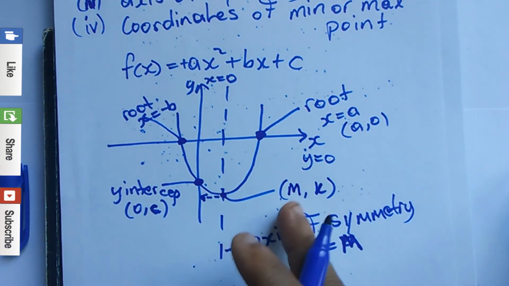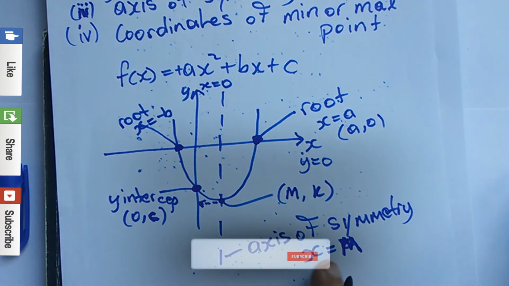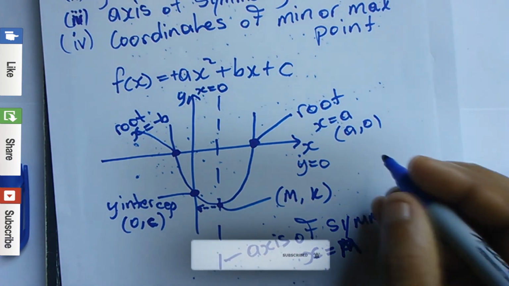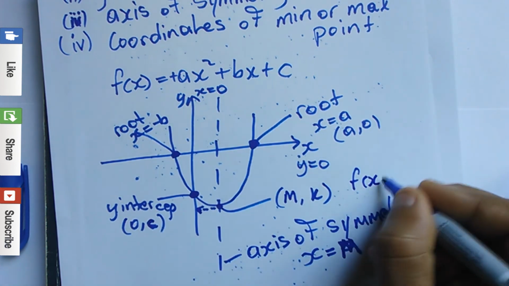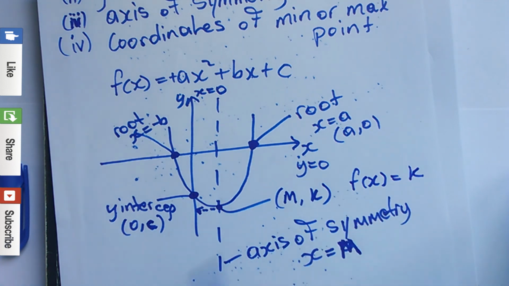So the coordinate for the minimum point would be m, the axis of symmetry, and k, the minimum value of f of x. So this is how you would sketch a positive quadratic.